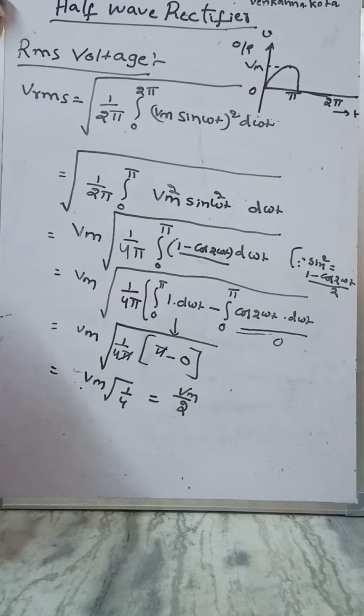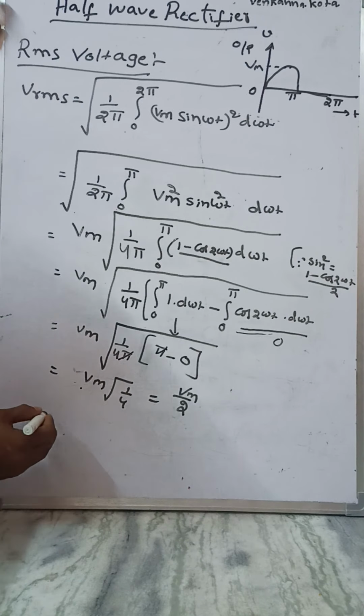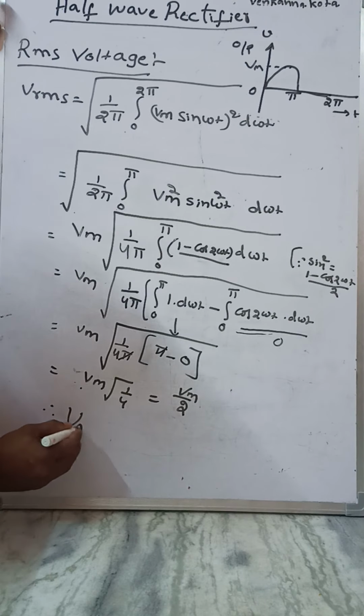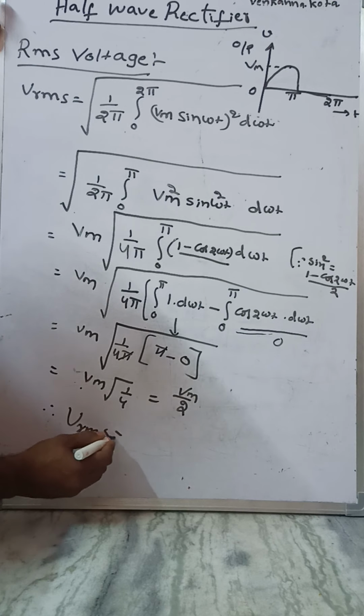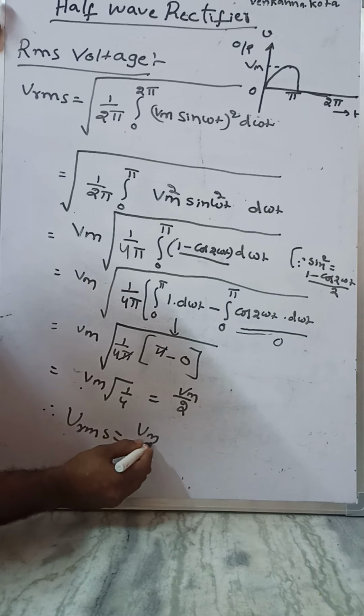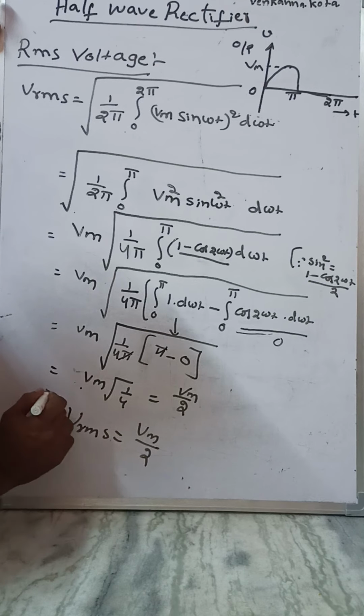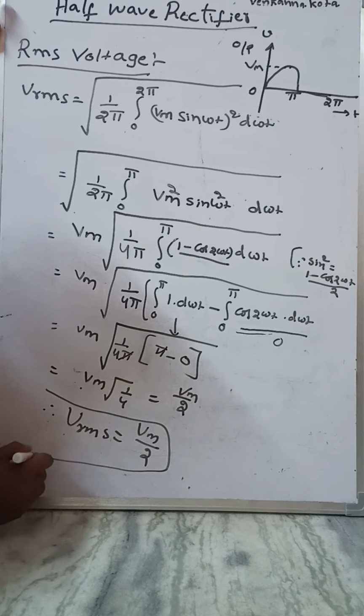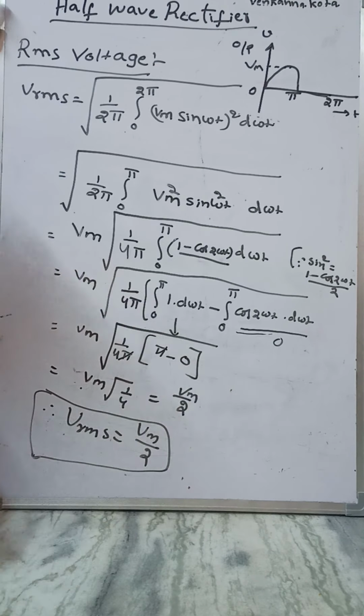Therefore the Vrms value is equal to Vm by 2. So this is the RMS voltage.